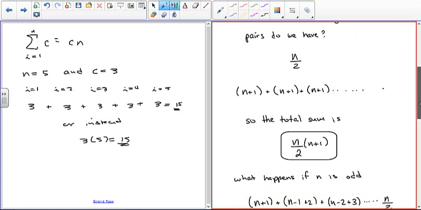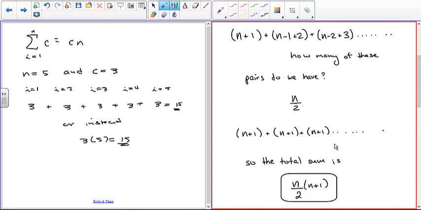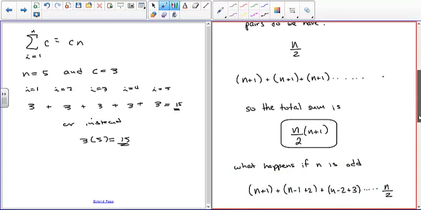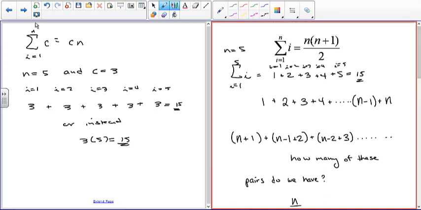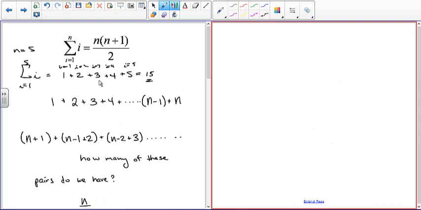Okay. So basically, I'm showing it here. You have n plus 1 plus n plus 1 plus n plus 1. When you simplify these, we do that n over 2 times, and so that is the equation. So if we wanted to use something other than 5, let's say n is 100.